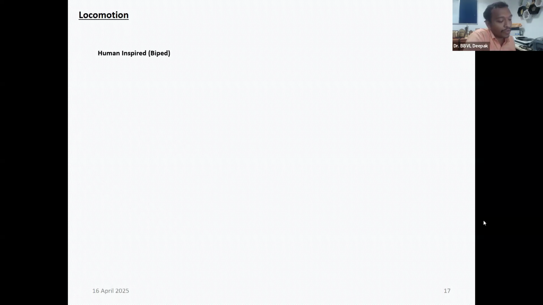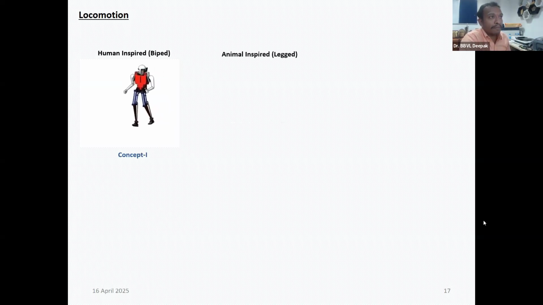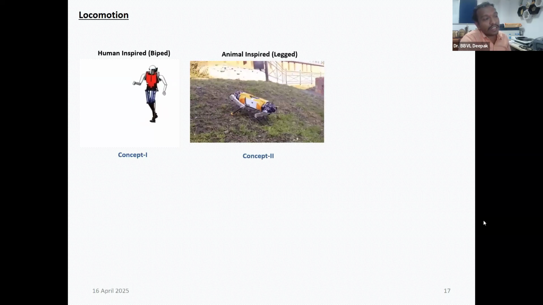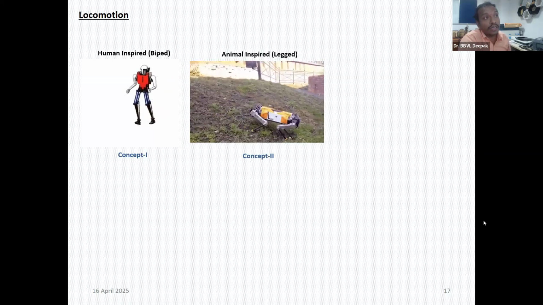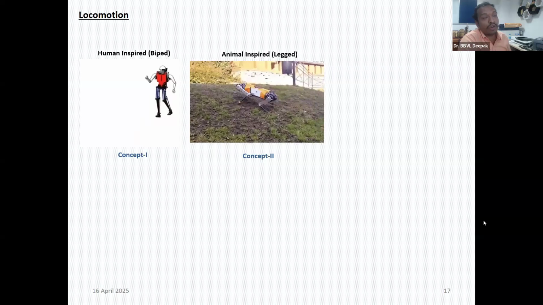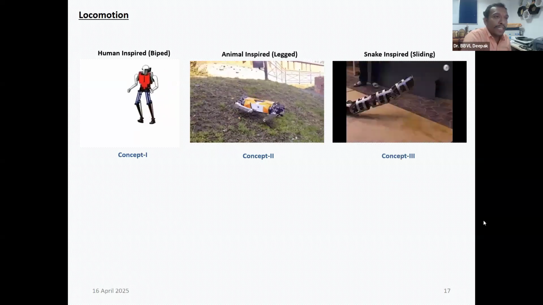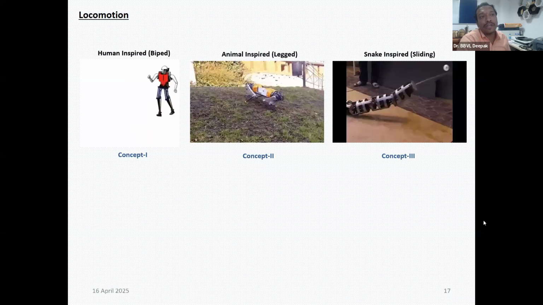One is that, as we are human, the human inspired, this is a kind of robot which mimics human behavior. It is called a biped robot. The same way, an animal inspired, of course this is a concept too, mimics the structure of an animal. And another moving ability is a snake type, like a sliding robot.